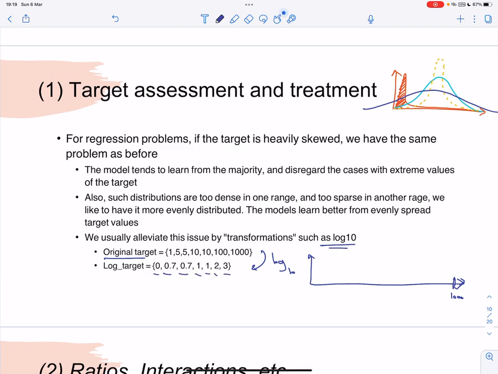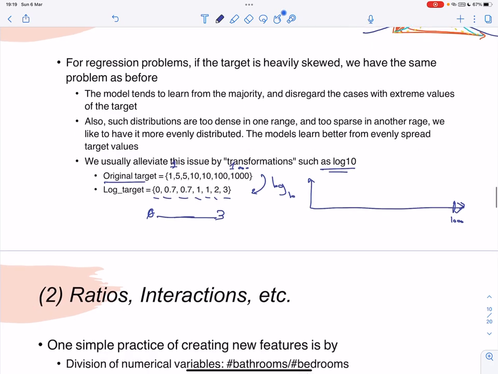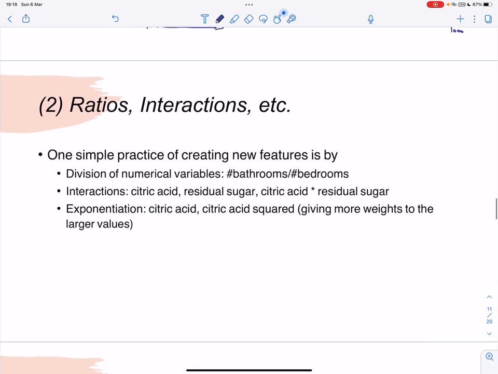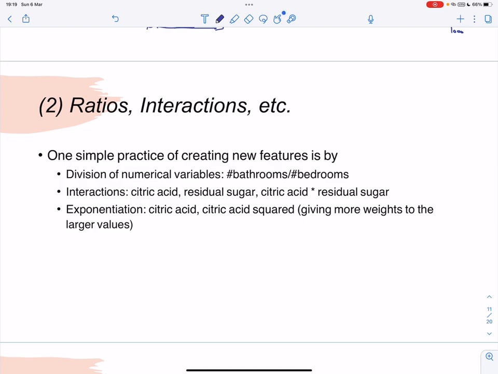So instead of having 1 to 1000 as the range, we have 0 to 3 as the range. And the values are close to each other. They are more evenly spread rather than being very, very skewed. In a simple example, you can see how logarithm can change the shape of a distribution. And it was the first practice and probably the most important one. Let's go for the second practice.